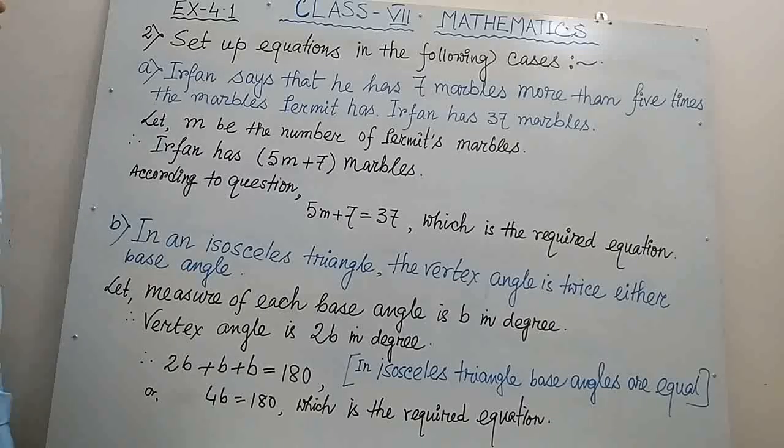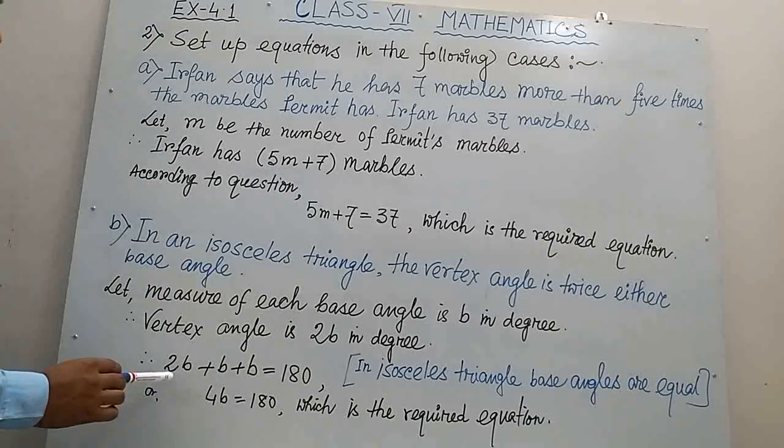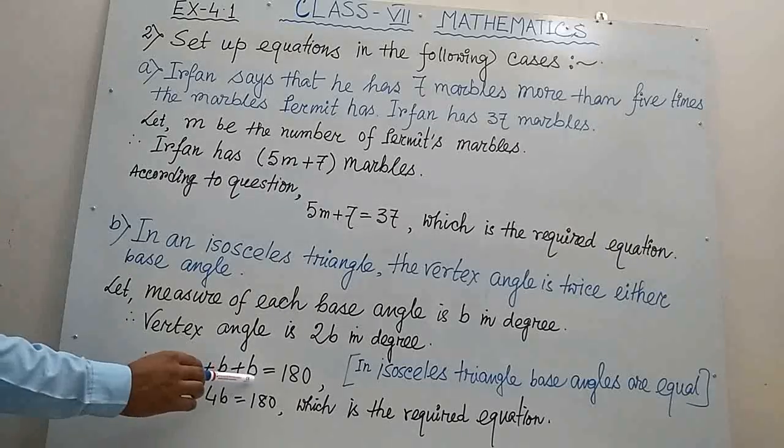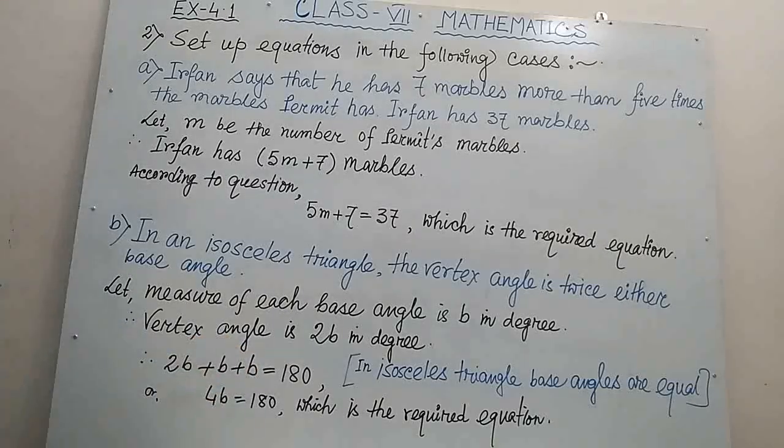And we know that in a triangle the sum of the three angles is 180 degrees. So 2b plus b plus b equals 180. That is 4b equals 180, which is the required equation.